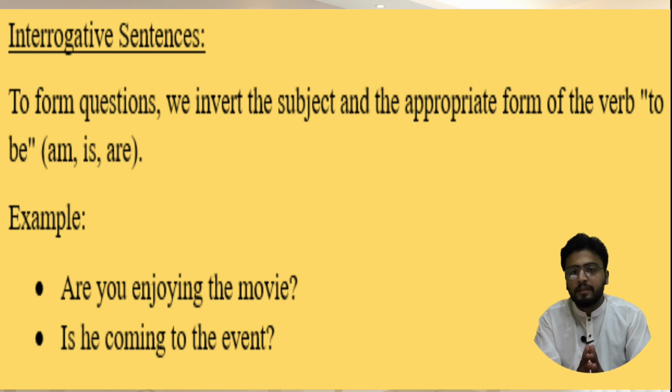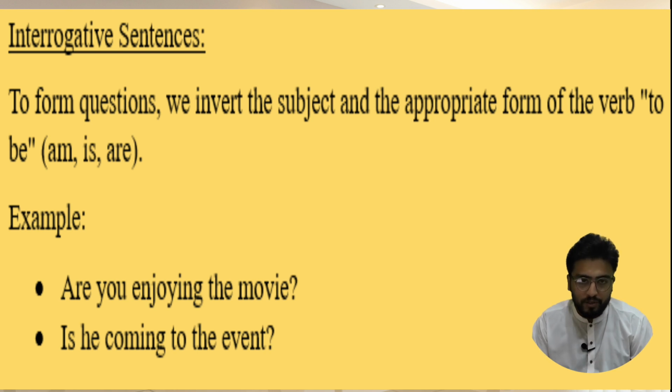Or you can also say that the present form of the verb enjoy is used here and ing is added to it. Are you enjoying the movie? Is he coming to the event? At the end, you can also see a question mark. Interrogative sentences end with a question mark.